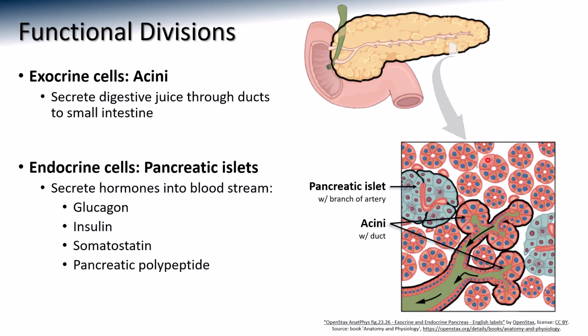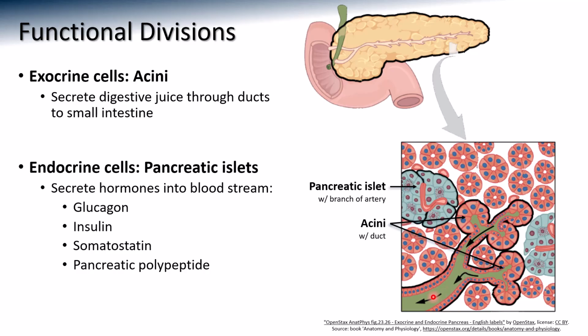Now, we've talked about the different types of pancreatic cells previously in the endocrine section, but it's always a good idea to have a review. So the 2 major divisions of cells that you find here are exocrine and endocrine. The exocrine cells are arranged into these little acini clusters that surround and secrete into this green duct.